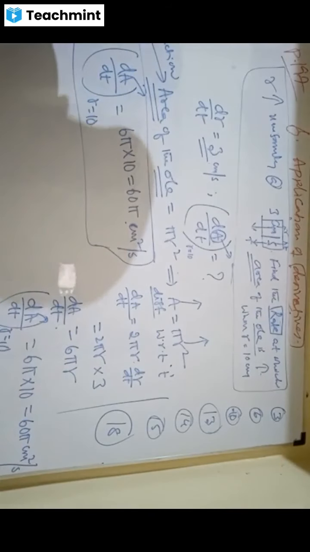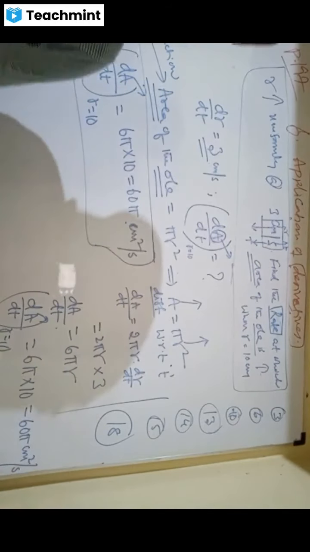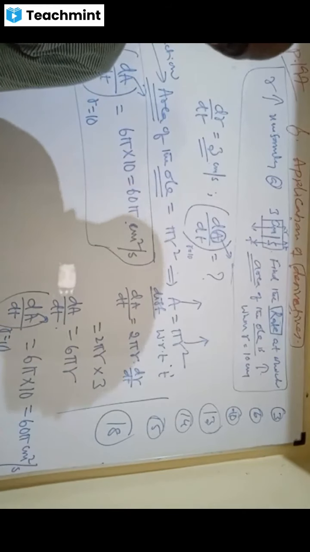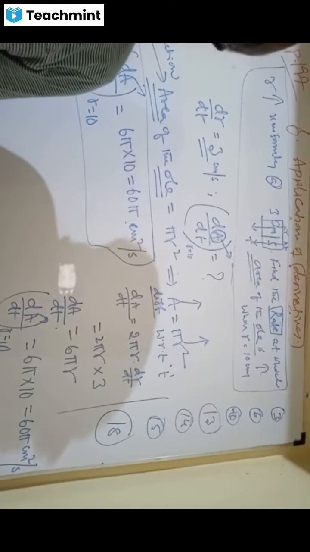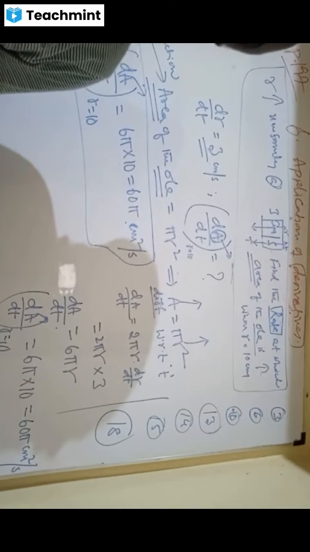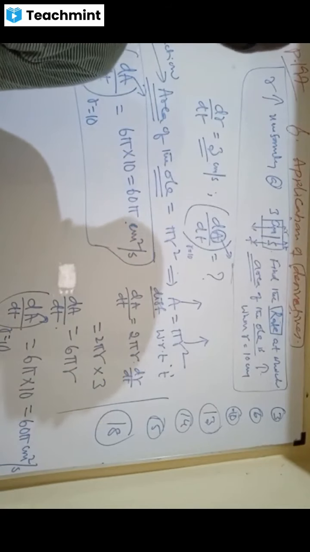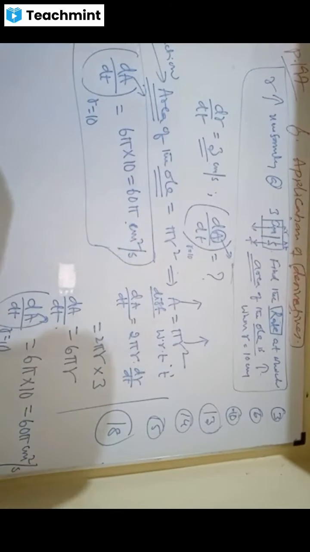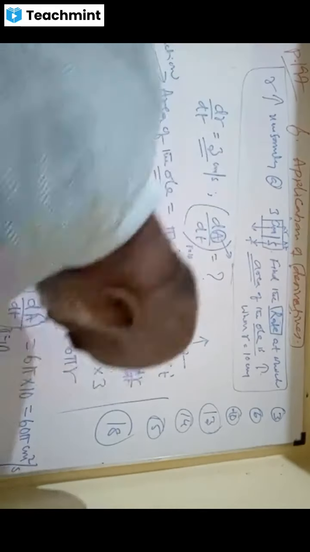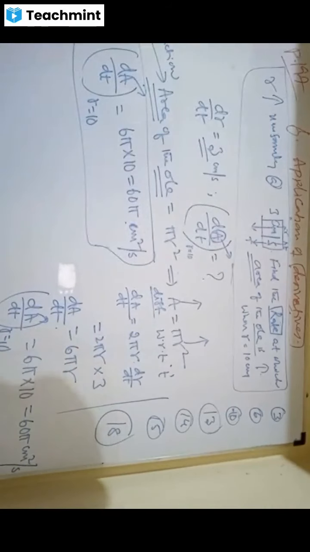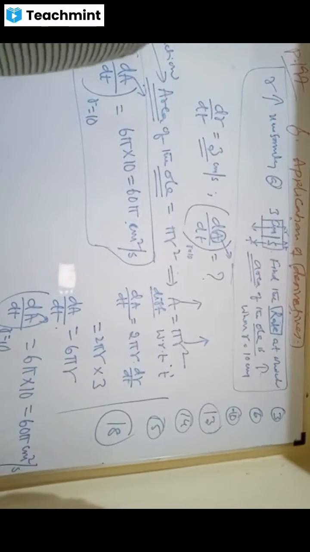Clear, Arpit and Siddharth? Yes, sir. Nice. Arpit, Siddharth, are you listening? Siddharth? He is not. Where are you? I think you are busy with some other work, because you already know the chapter. No, sir, mic is an issue. Okay.